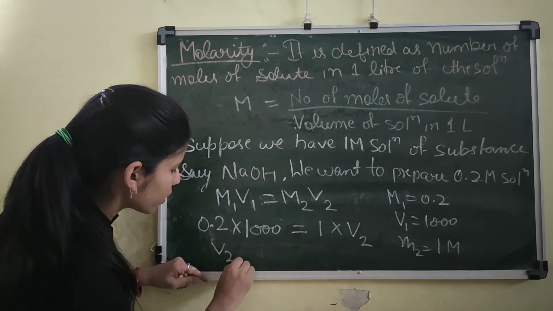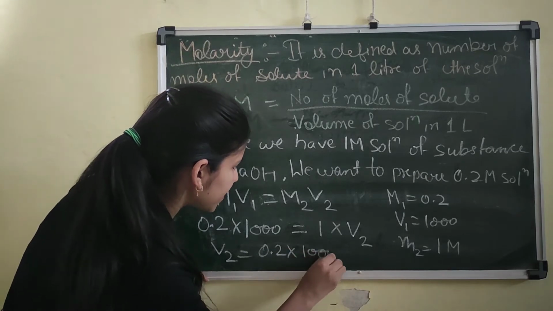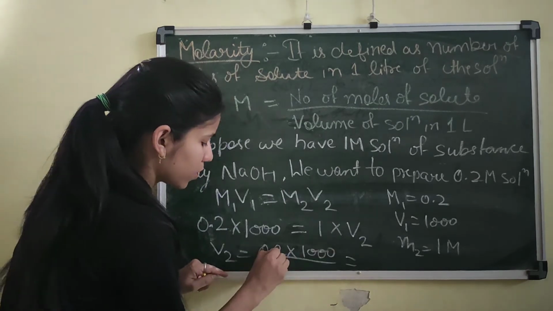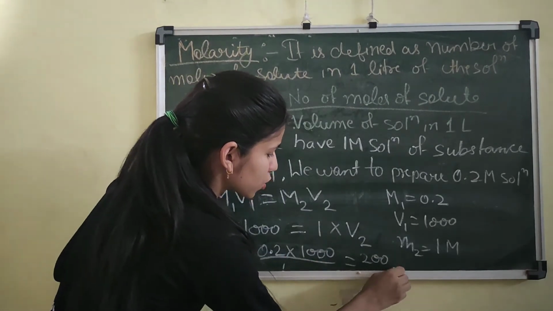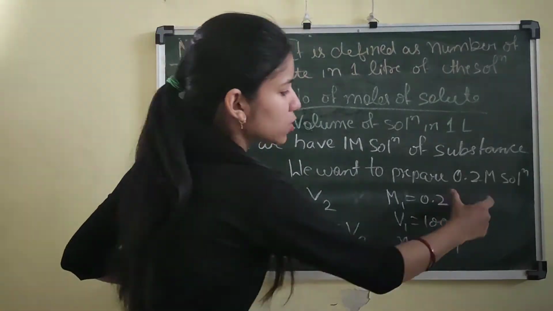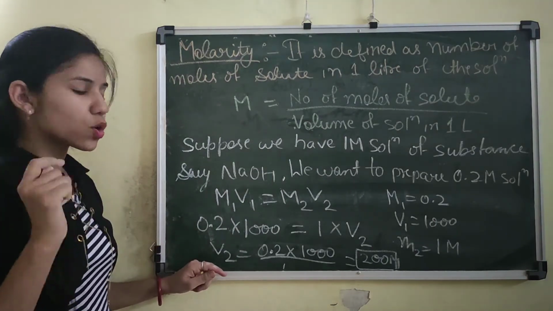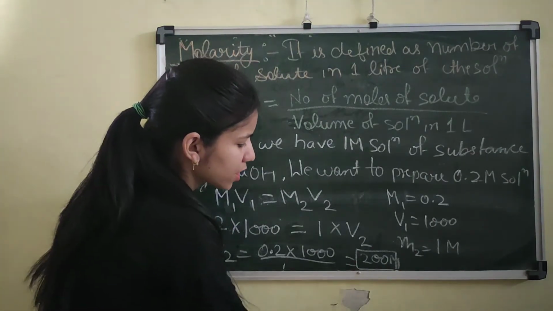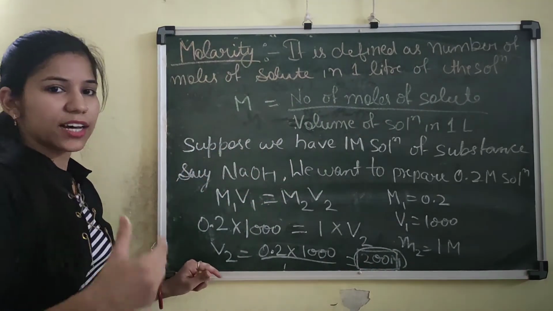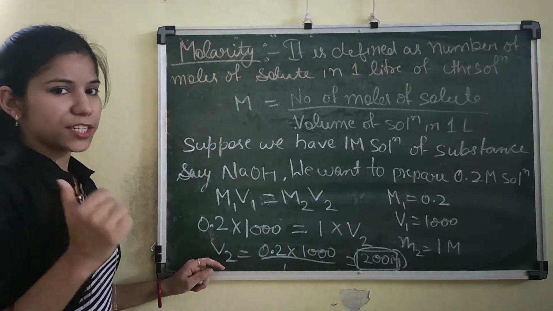So V2 is equal to 0.2 into 1000 divided by 1, which is equal to 200. So 200 ml is required to make the solution of 0.2 mole. And it is noted that only 200 ml of solute is required and the other solvent is added up to the 1 liter solution.